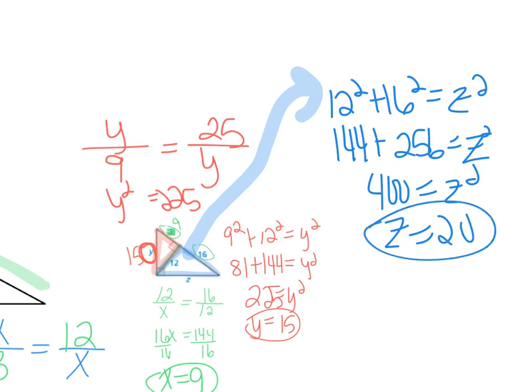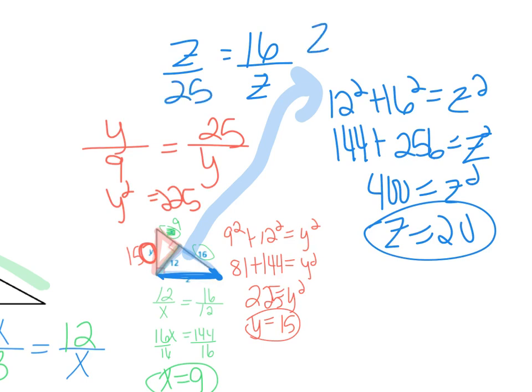The other way that we could do it is we could say that z, which is the leg, is the geometric mean, so I'm going to put that in the opposite corners, of the two pieces it touches. Well, z, this corner here, touches 16, and it touches the whole thing, which is 25. If you take 16 times 25, you get 400, so z squared equals 400, and z equals 20. So it works both ways.